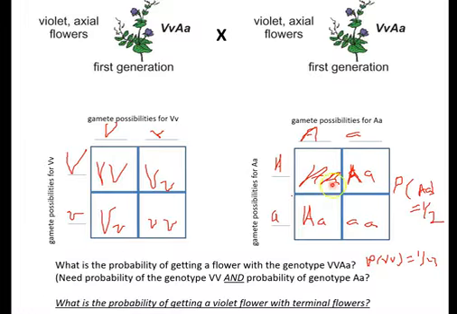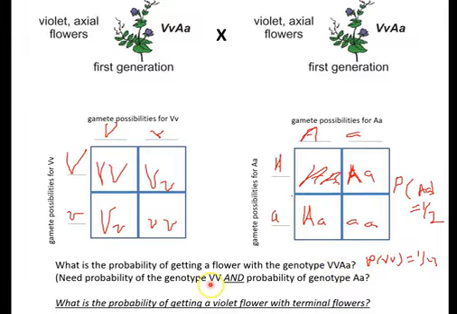There we go, laser pointer. The probability of a big A, little a is a half, right? And so if I need to be big V, big V and big A, little a, I just multiply. So I have a quarter for the probability of big V, big V, and a half for the probability of big A, little a. A quarter times a half is 1/8. I have a 1 in 8 probability of getting a flower with this genotype.